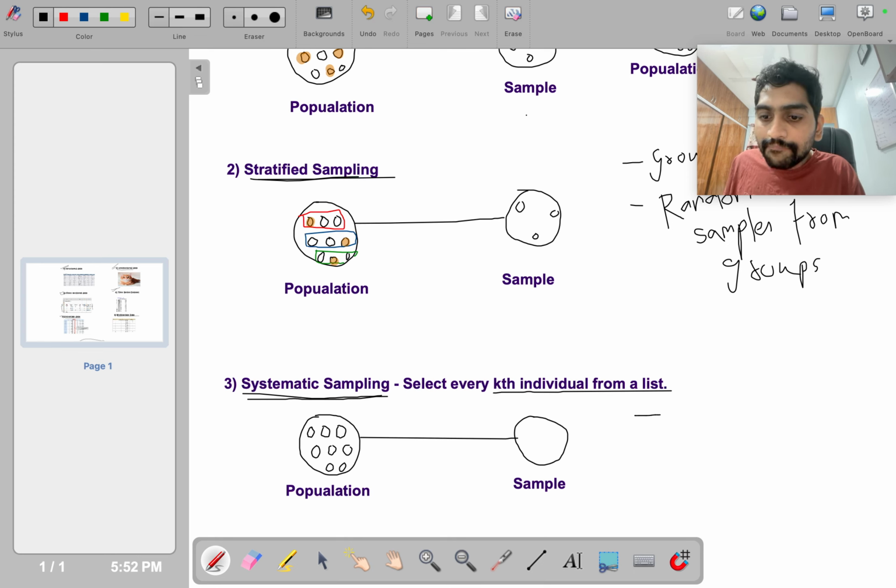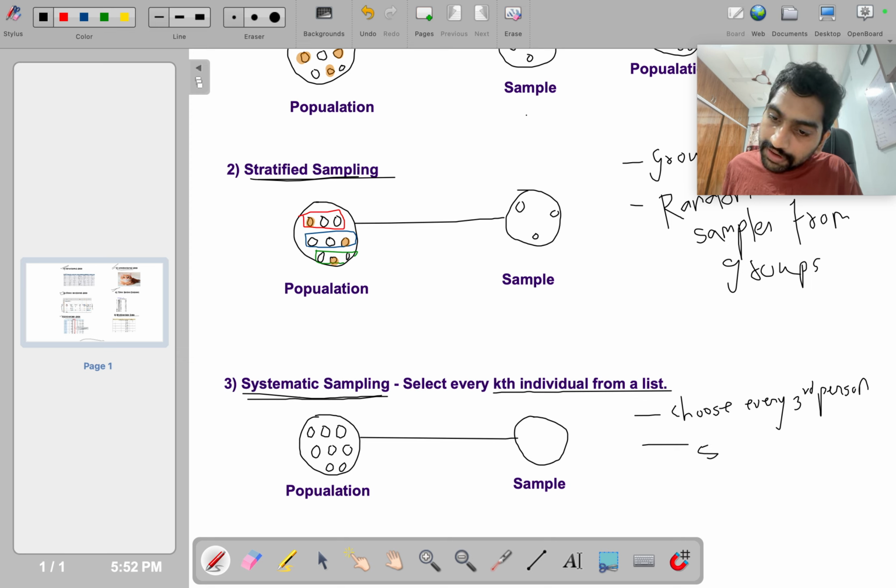Here I am putting the condition: choose every third person. This condition is mandatory, but you have to specify the starting point, and it will work from that.